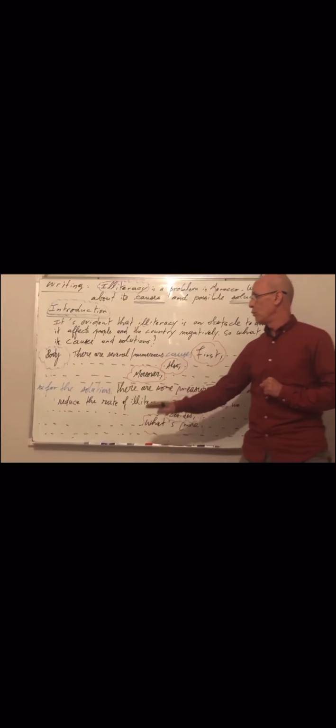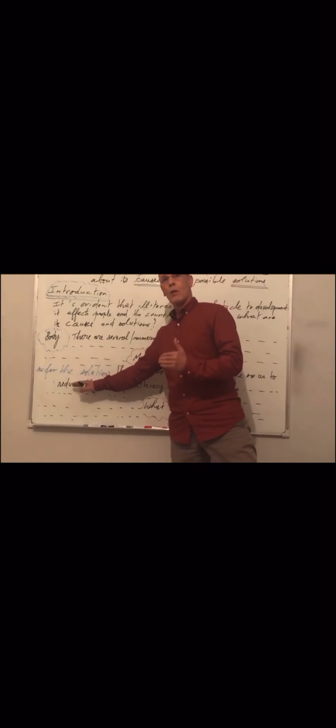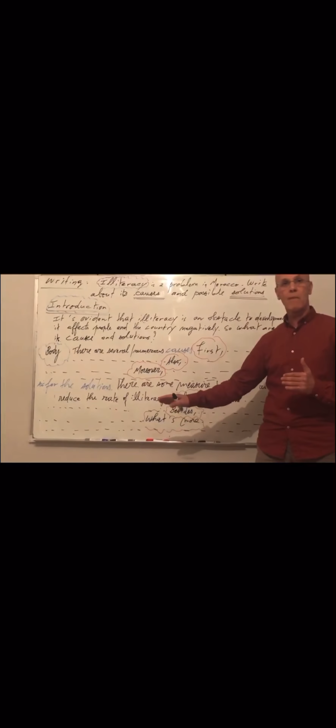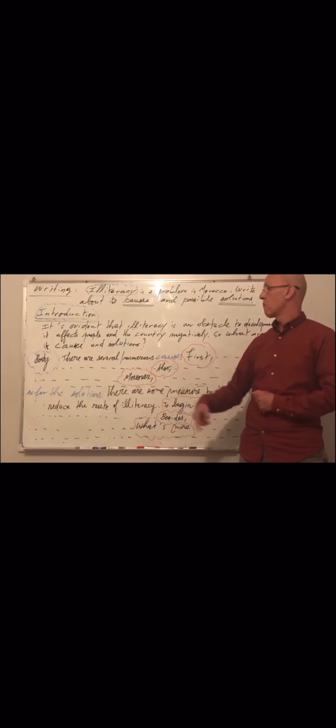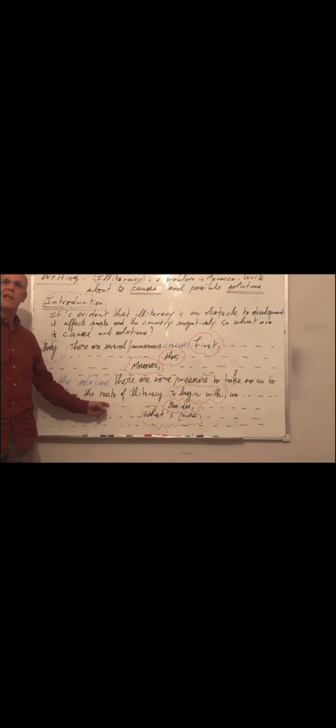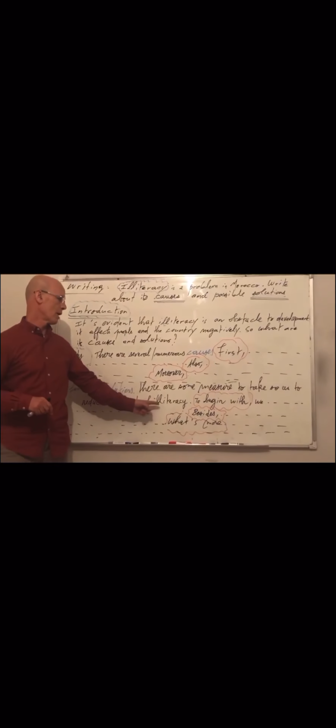When you move to the solutions, you make a new paragraph, and you can start by saying there are some measures to take so as to reduce the rate, it means the percentage of illiteracy.